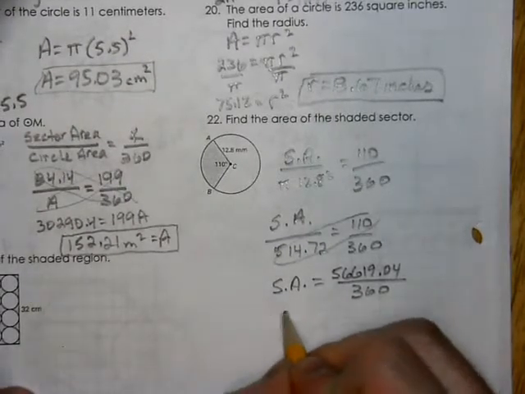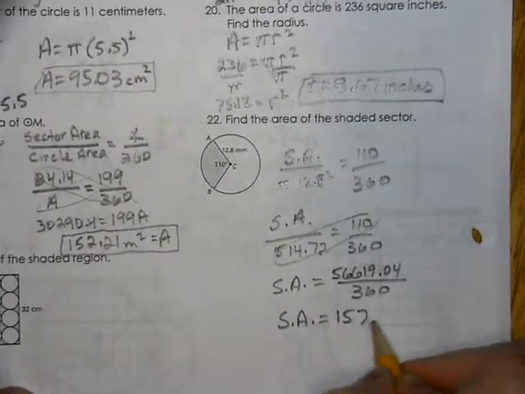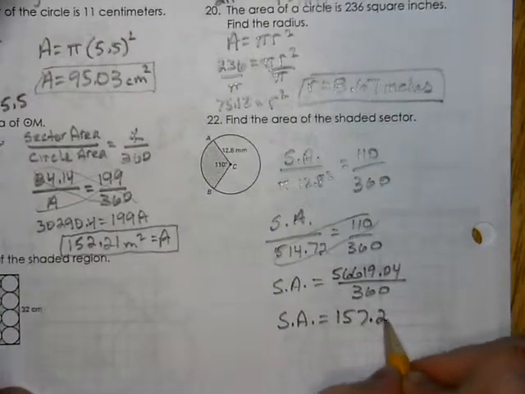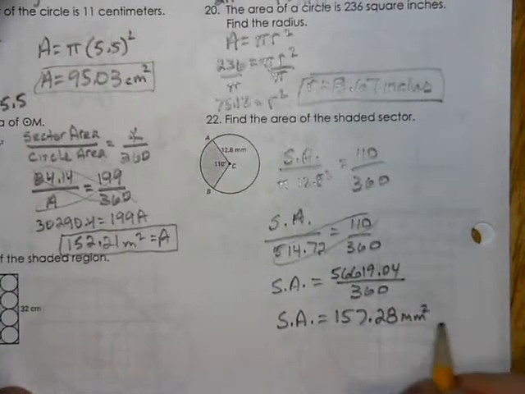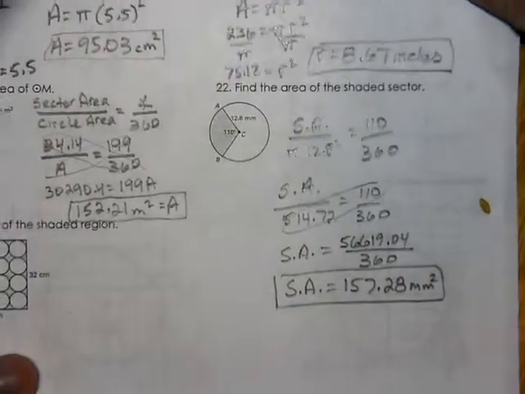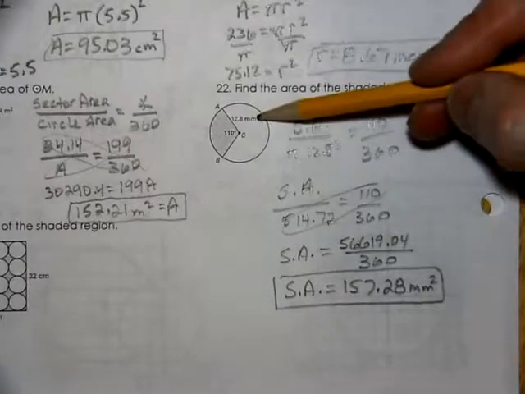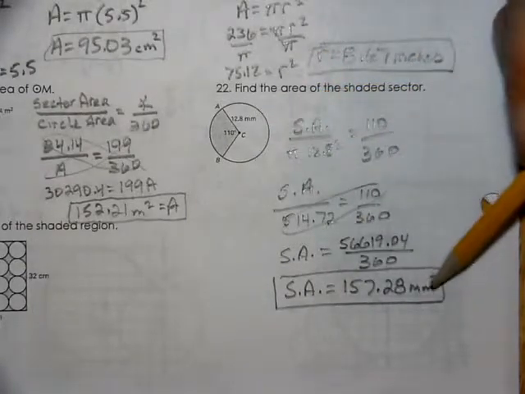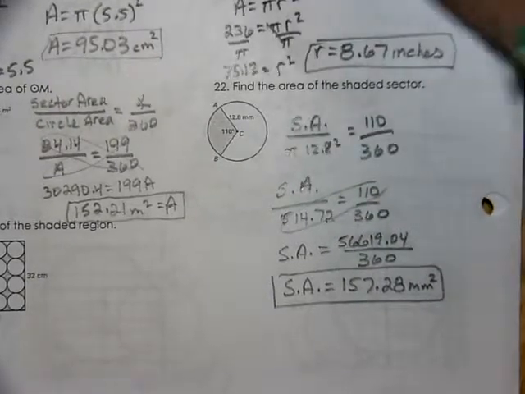So we'll divide that by 360, and our sector area is going to be 157.28 millimeters squared. The units were in millimeters. We're doing area, so it's millimeters squared.